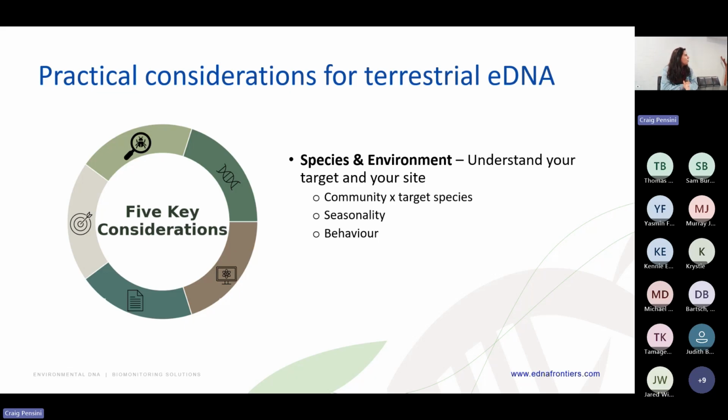So you have to understand what your target species is and what their behavior is in your site. If you're looking for a community or a target species list, you also have to consider the seasonality and the behavior of the species. So if you try to sample just after a big rain, all the DNA in the environment might have been washed away.